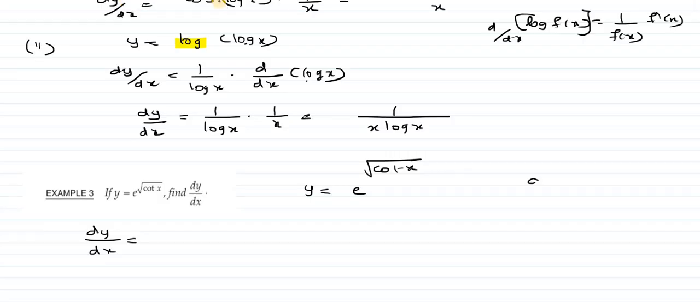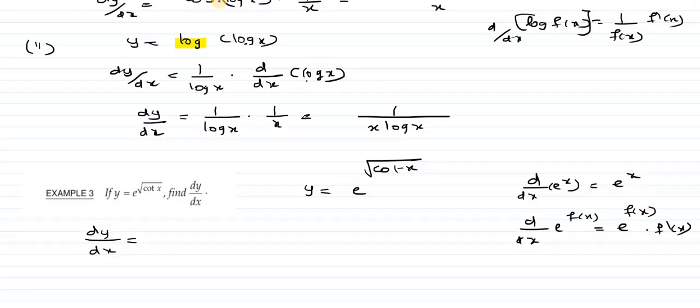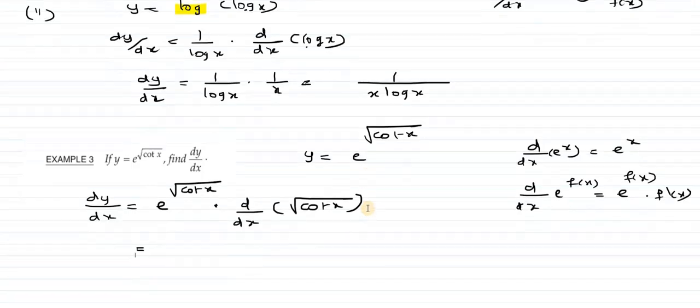Differentiation of e power x, if x is directly given, e power x only will come. But instead of x, if they give you another function, then what you have to do? E power f of x you have to write and then differentiate that function. Correct or no? So here e power root cot x, in the answer e power root cot x as it is will come. But we have to differentiate the root cot x. Correct? Now again you have to follow the rules.